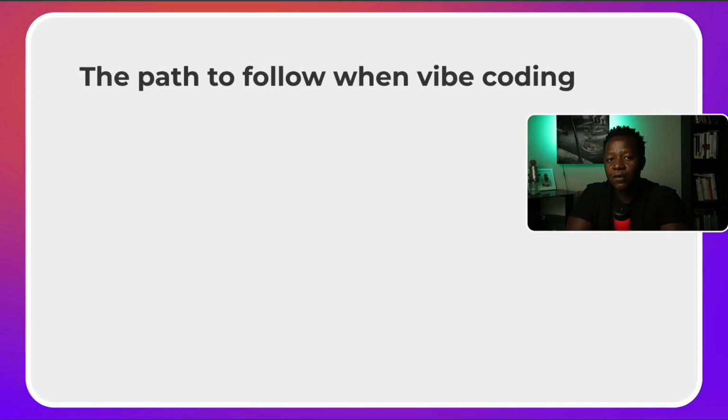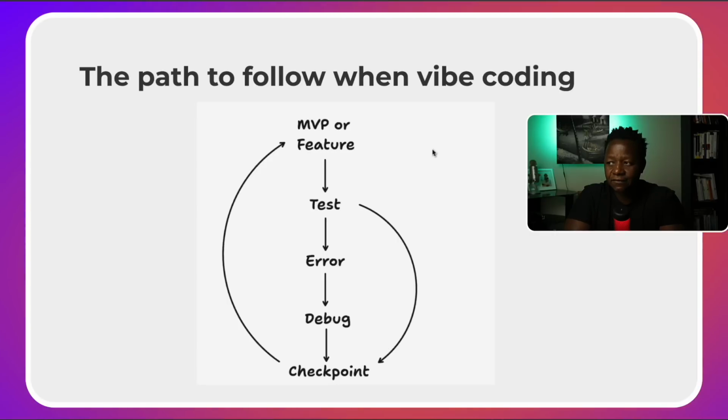Now, the Vibecoding 101 course that I showed you earlier, they shared this flow here, this path to follow when vibe coding. So you can see at the top we have MVP or feature, and then we put all that in and we test things, we get an error, we debug, and we have a checkpoint. A checkpoint is a place where things used to work.